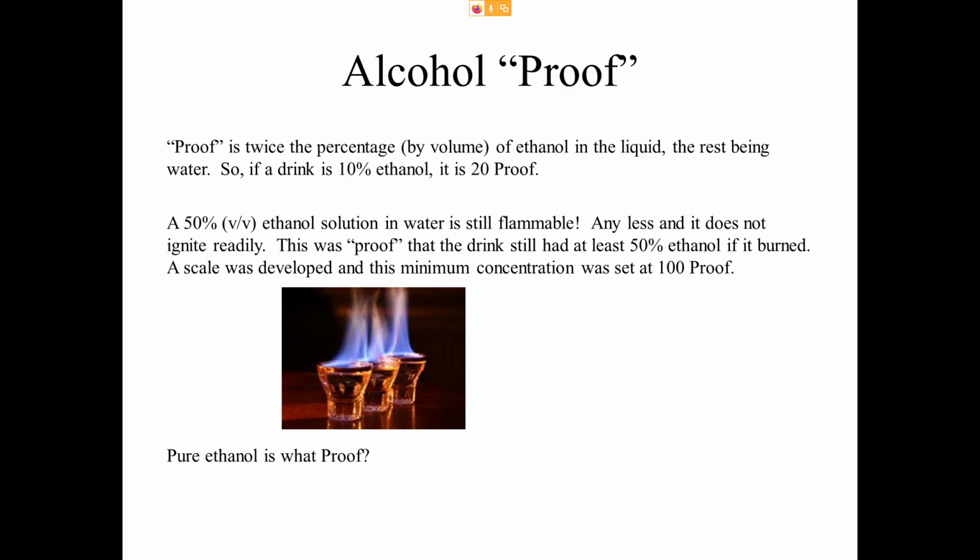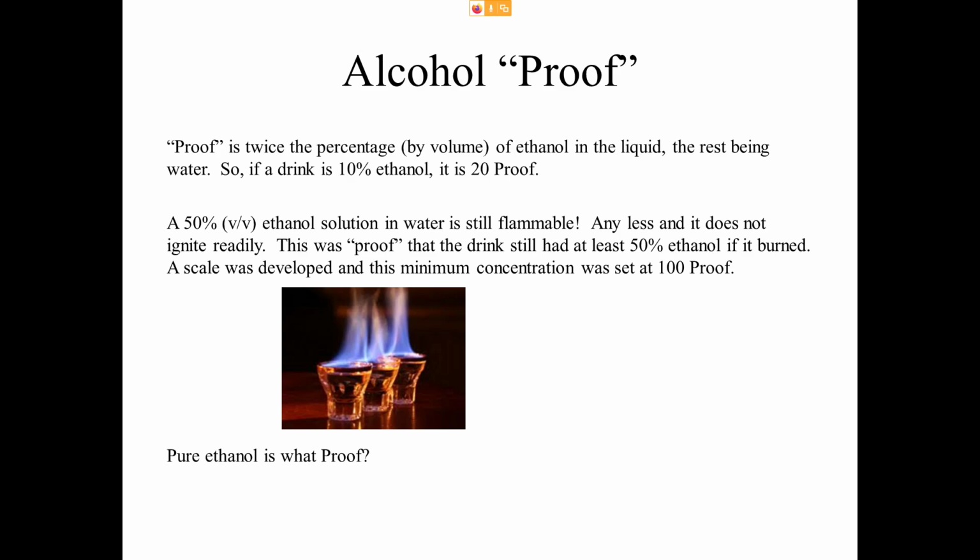And that scale is still used today. So whatever the proof is, it's double the alcohol content, because 50% ethanol is 100 proof, meaning it was flammable. And we kept that scale ever since. So if you have pure ethanol, which is nothing but ethanol, 100% ethanol, what is its proof? 200.